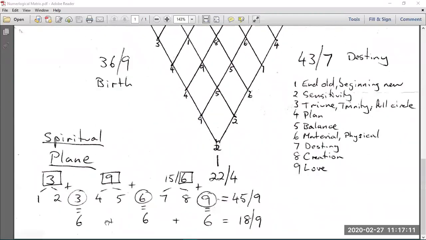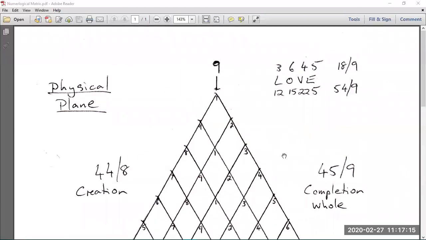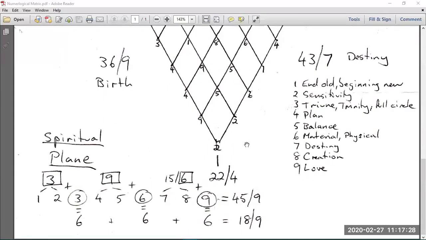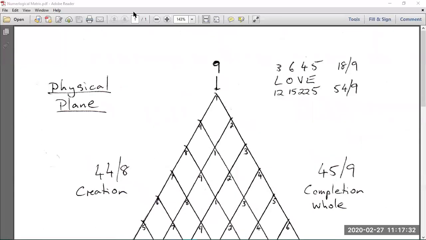Here, 666, 18, 9. The number of the beast. The word love, 18, 9. This is yin and yang, light and dark, all resonating with the same purpose. That's what we've got here. Okay, next, I'll now share my name.